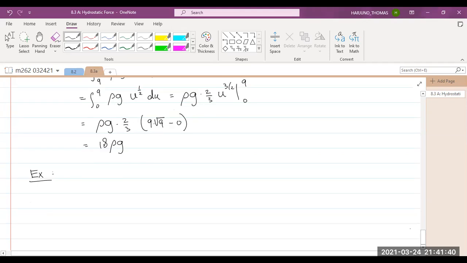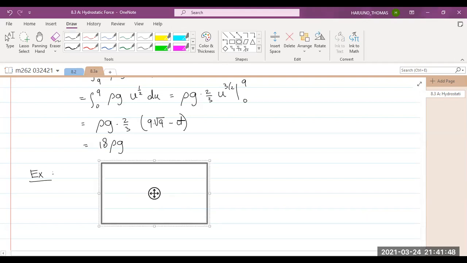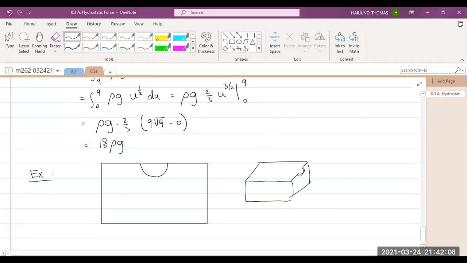Suppose the wall of a pool has the top in a semicircle. Okay, let's say that's the drain of that pool, a little chip there. And suppose we want to cover that.